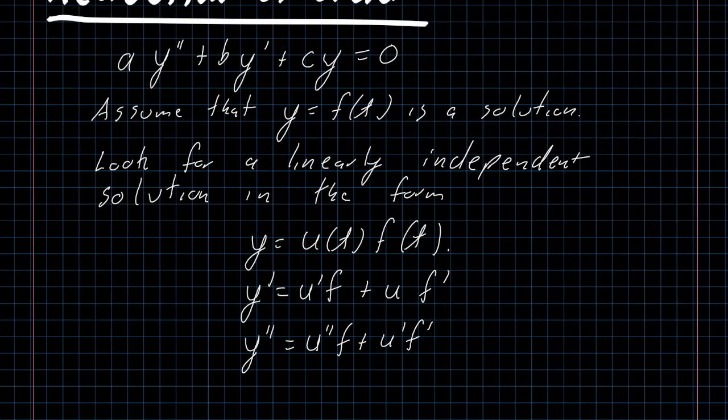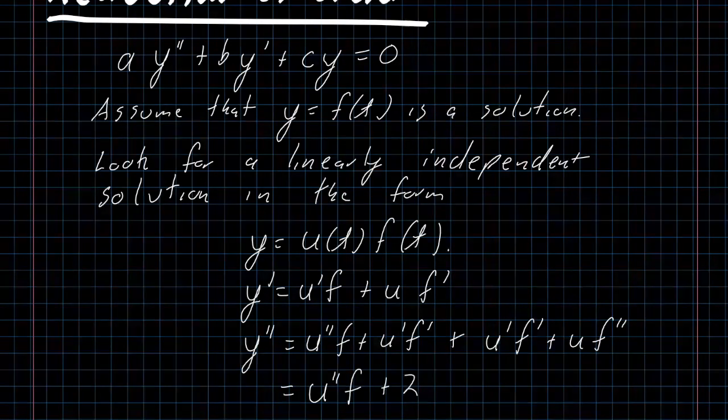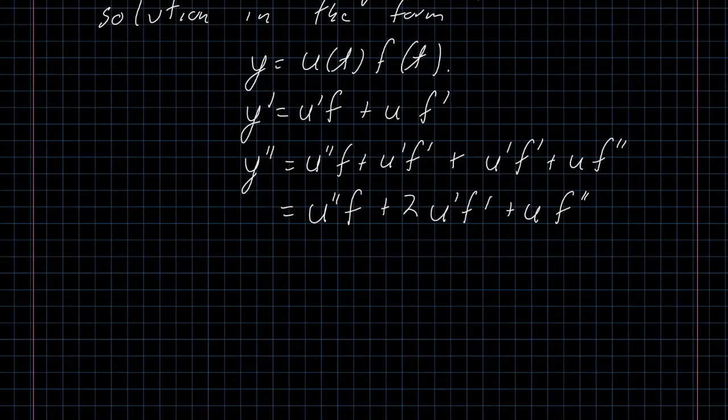well, use the product rule on u prime f, then use the product rule on u f prime. And I guess we can combine some like terms here: u double prime f plus 2 u prime f prime plus u f double prime. Then substituting all of these things into my differential equation, and this is why suppressing all of the of t's was so important, because this is going to be a tight fit on the screen as it is.